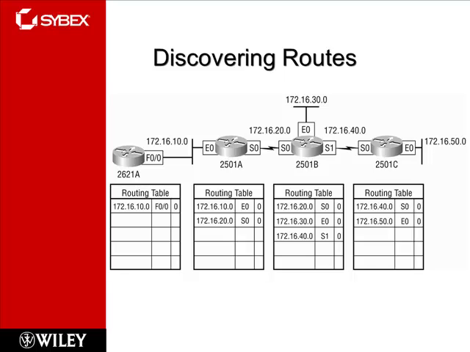The 2501B knows about serial 0, 172.16.20, and these are networks, not IP addresses that it knows about. Ethernet 0, 172.16.30, and it knows about serial 1, 172.16.40. And we go down to 2501C, which knows about 2 networks because they're directly connected. So when we start up, they know about only those things that are directly connected.